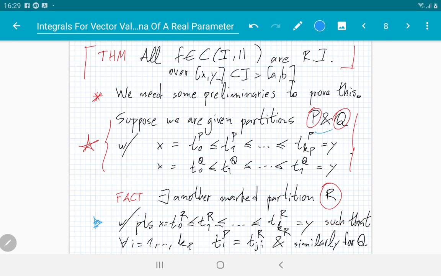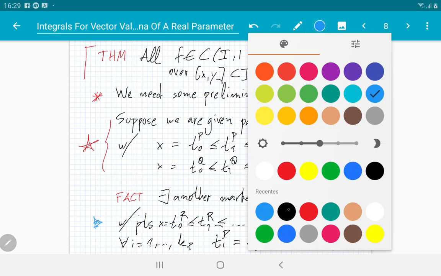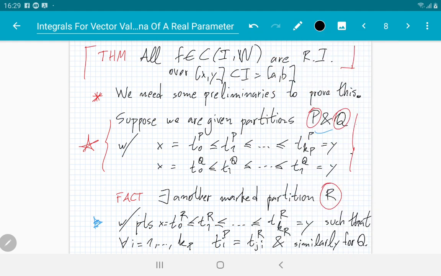Sorry, this is not I R, so this is I W. So now we know that the integral is well defined for any function from an interval of the real line to a vector space. And we know we have these properties, that the integral from x to z is the integral from x to y plus the integral from y to z. So we're in very good shape.